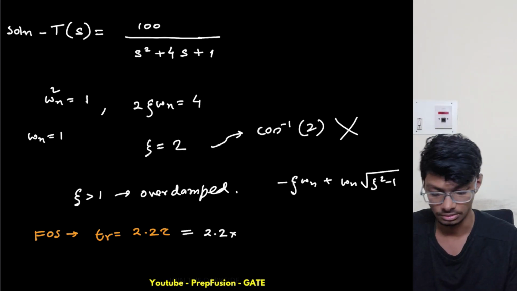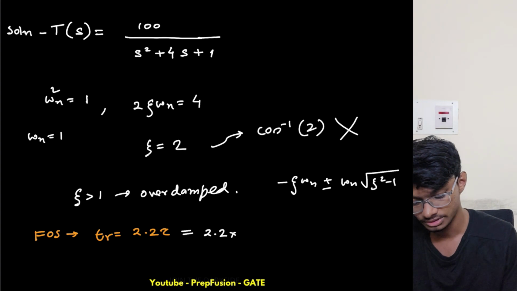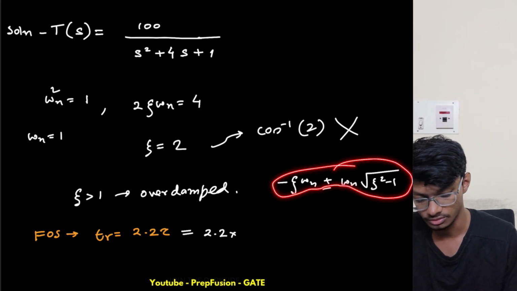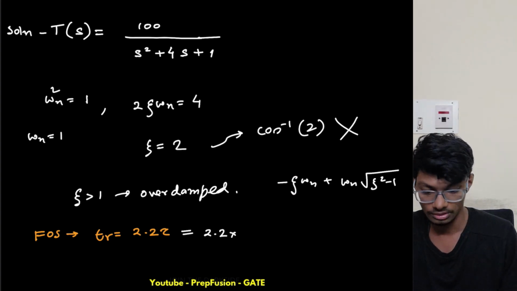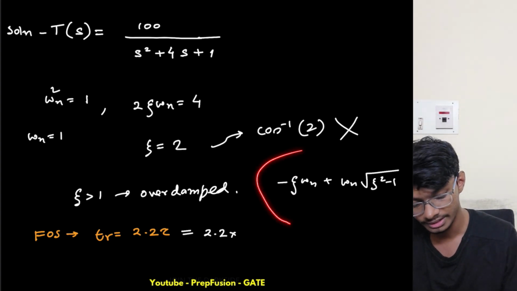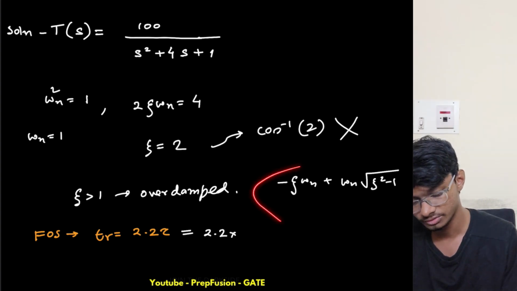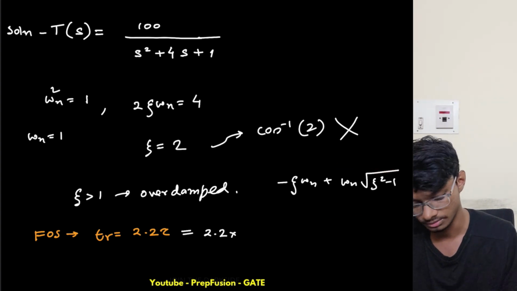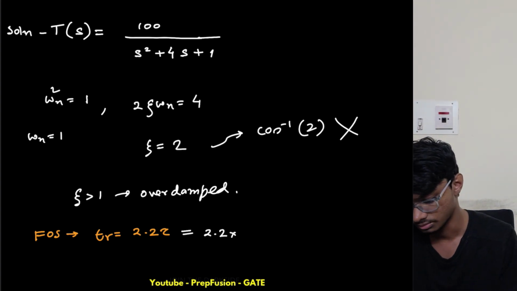This was one of the roots, and another one was simply minus. Now I will obviously choose this one as it is nearer to the origin. This will be more dominant, so I'll choose this one. Now what will be my time constant? It will be the negative of this one and the inverse of this one, right? So I will put the negative of this one and the inverse of this one, that will be my time constant. So my time constant will be basically this one, right?